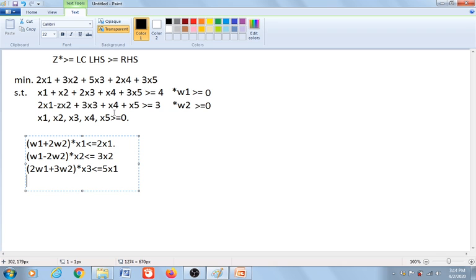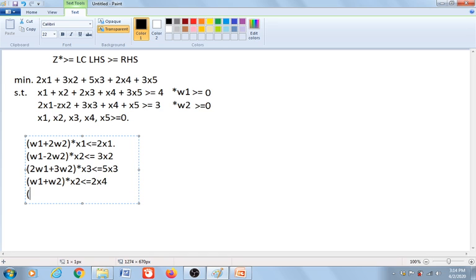So for x4, w1 plus w2, everything times x4, less than or equal to 2x4. This is 5x3, sorry.